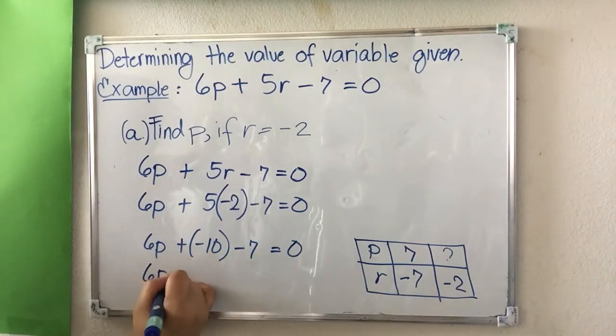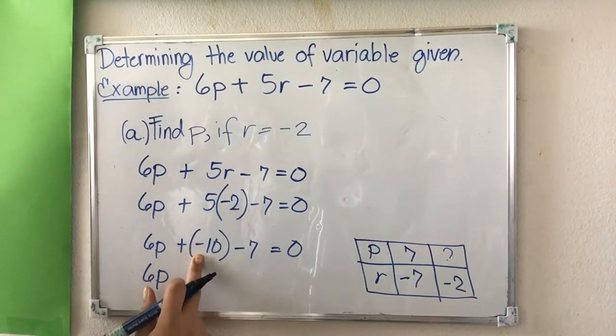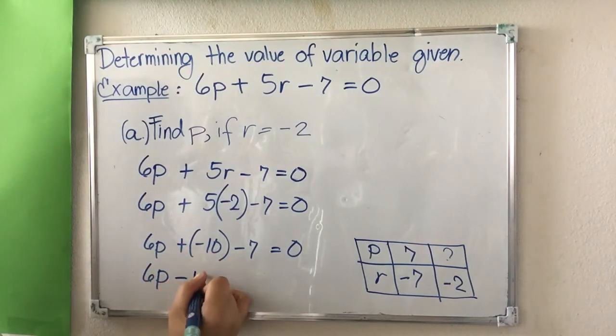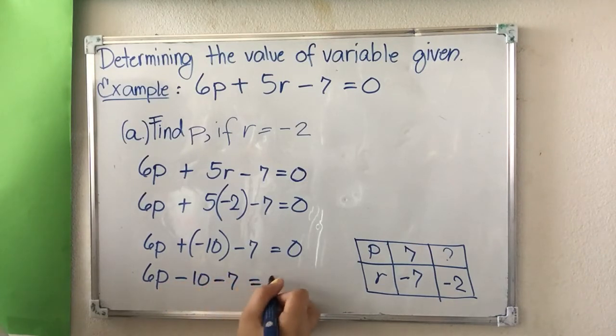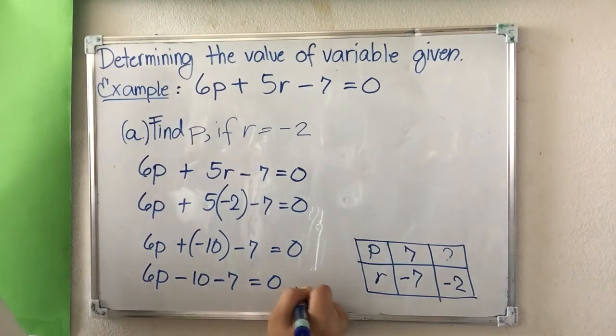Alright, so simplify: 6P minus 10 minus 7 is equal to 0.